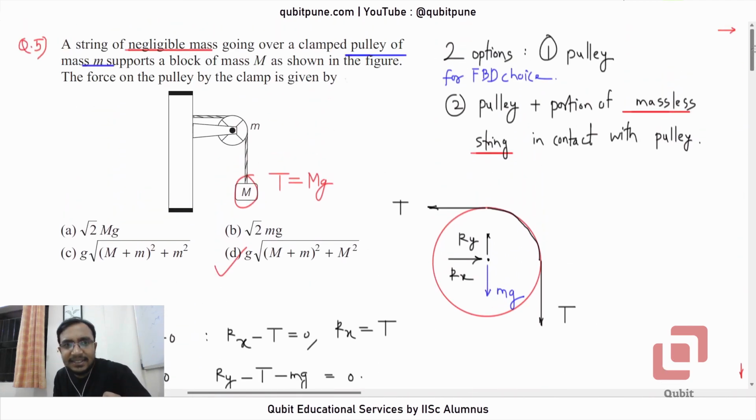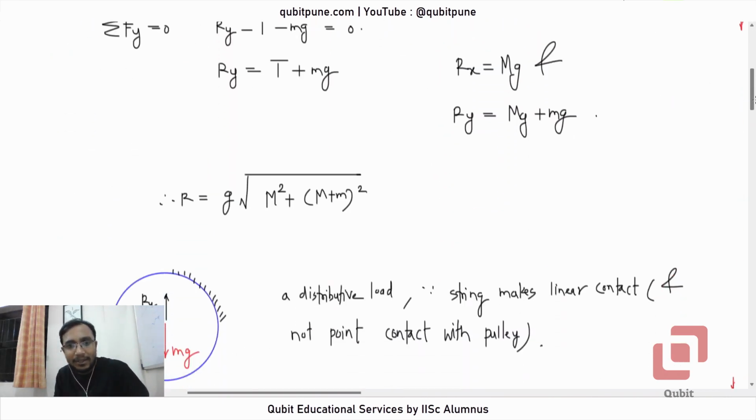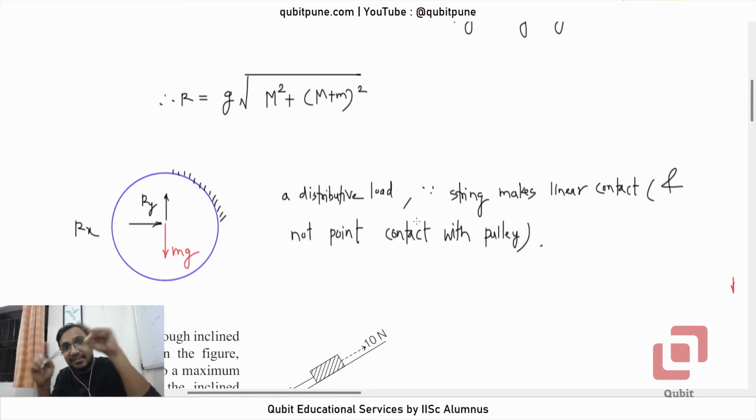If the string is in equilibrium, then any portion of it will also be in equilibrium. Do you understand this? Yes. So just take into consideration that quarter.